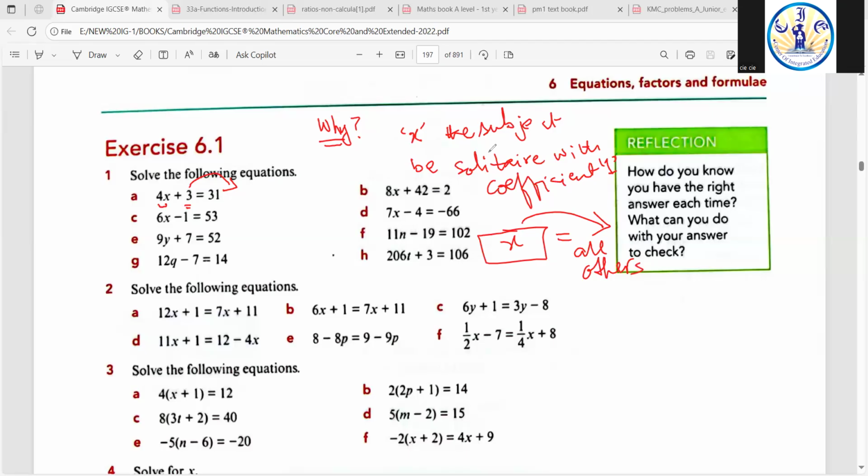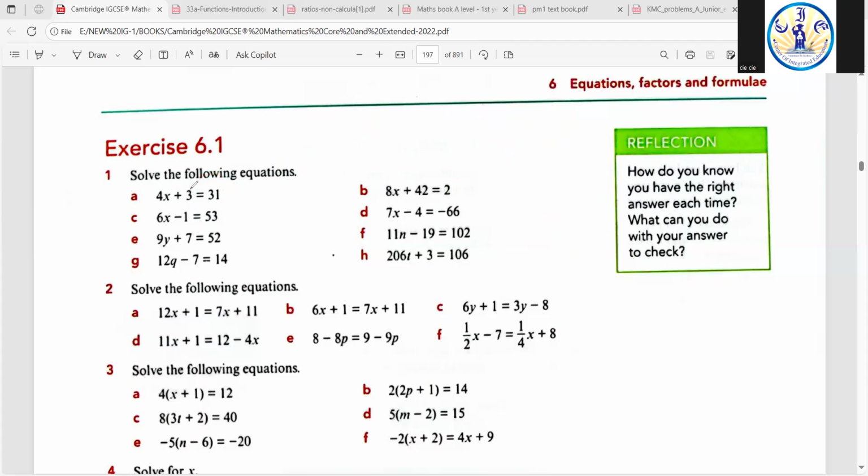So that is the meaning of making the variable the subject, and that is to find out the value of the variable, and that is what we mean by solving an equation. All right. So our motive is to shift every other variable, every other constant to the other side of the equality, making the required variable the subject of the equation.